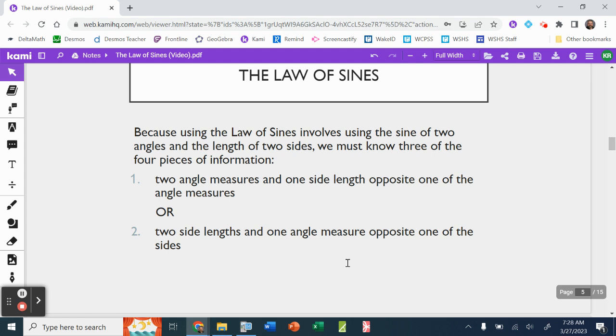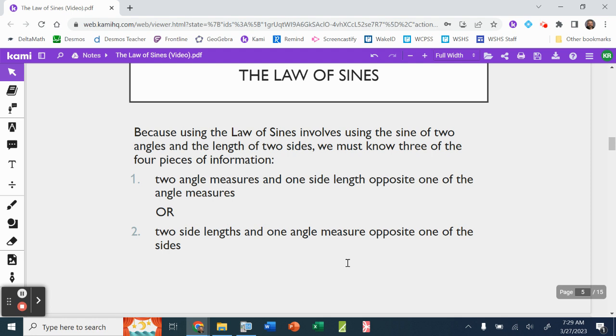So we either need to know 2 angle measures and 1 side length that's opposite one of those angle measures. It's important that it's opposite of it or across from it. Or we need to know 2 side lengths and 1 angle measure opposite one of the sides. Again, it's important that it's opposite or across from it. Otherwise, the law of sines will not work.